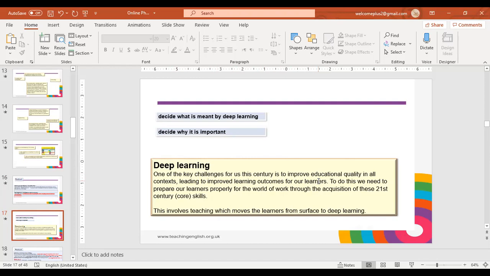And this broadness could happen through teaching them on two levels, from the surface to the deep learning. And by the surface learning, we mean all the four main skills: reading, writing, listening, and speaking.